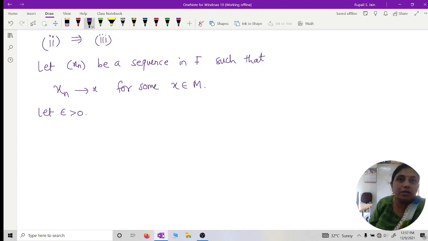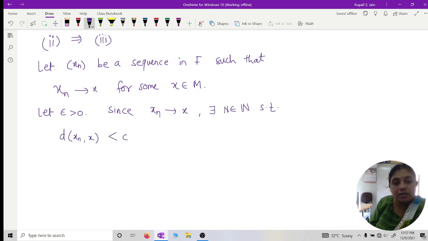So let epsilon greater than 0. Since x_n converges to x, what will happen? For this epsilon greater than 0, there exists a natural number N such that the distance between x_n and x is less than epsilon for all n greater than or equal to N. So this implies x_n belongs to B_epsilon(x) for all n greater than or equal to N, right?